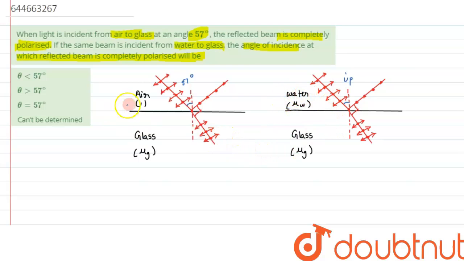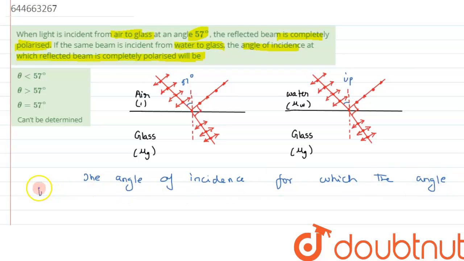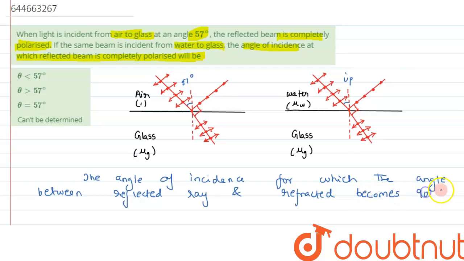Alright, so this is the case of Brewster's law, in which it says the angle of incidence for which the angle between reflected ray and refracted ray becomes 90 degree.